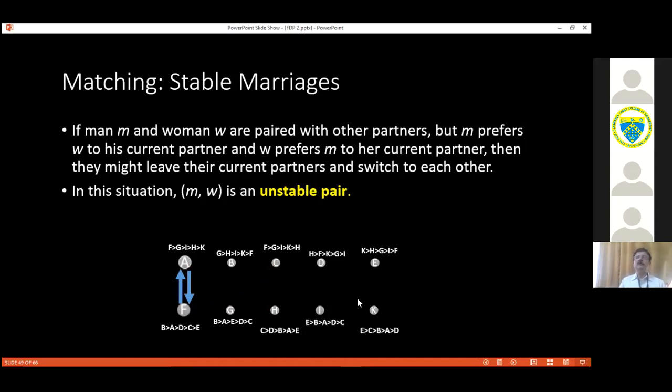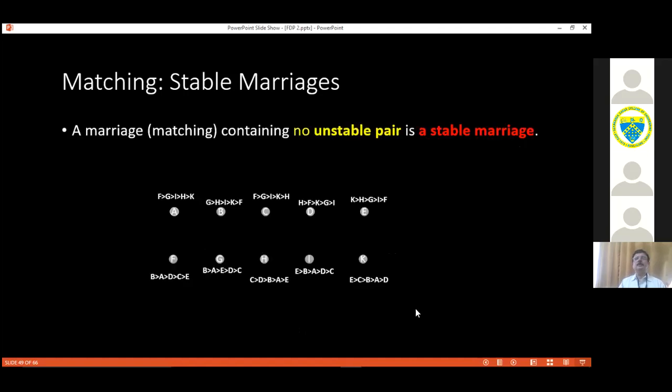In any matching, you should not get any such edges. Then that matching is called a stable matching. There are so many algorithms available to find a stable matching, and this is one example.